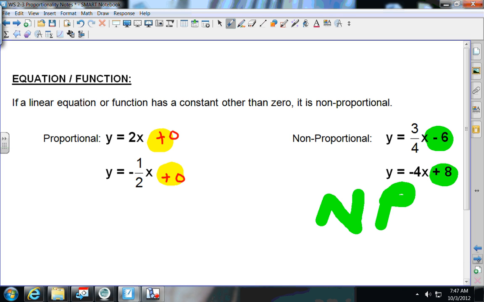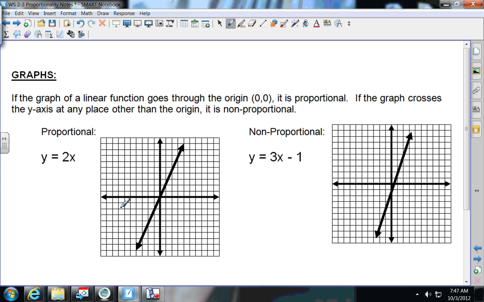Now let's look at this. Look at these. Here are the graphs. If you have the equation, you can go and put it in your calculator and look at it. This is proportional. What is that point right there called? The origin. Here's a hint: look at proportional, see how it has 0, 0, 0?